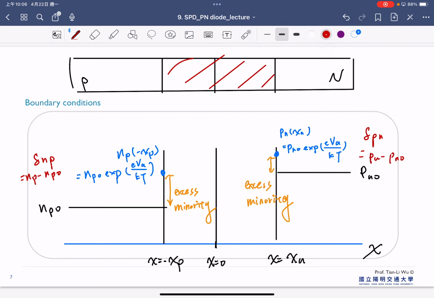The reason we have this additional minority carrier is because we have electrons injected from the N side, and these become excess minority carriers in the P side.